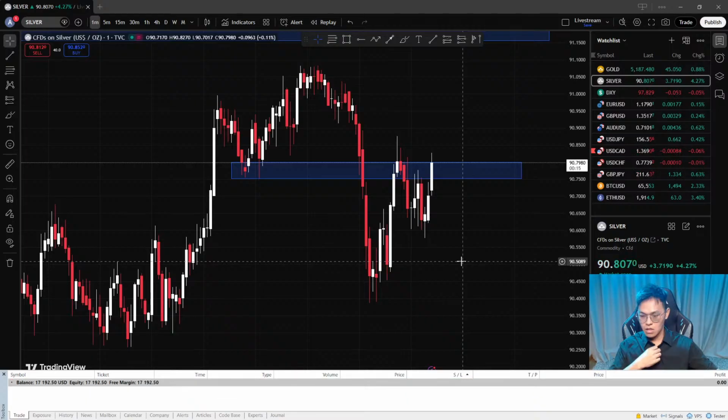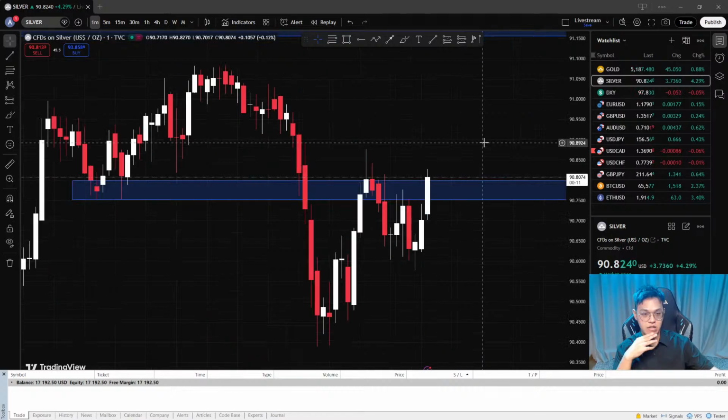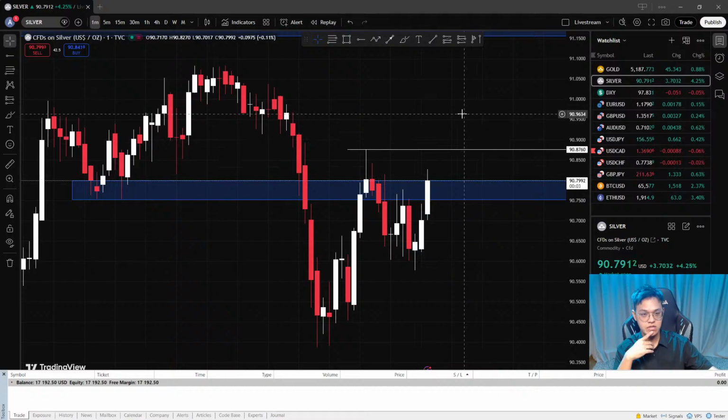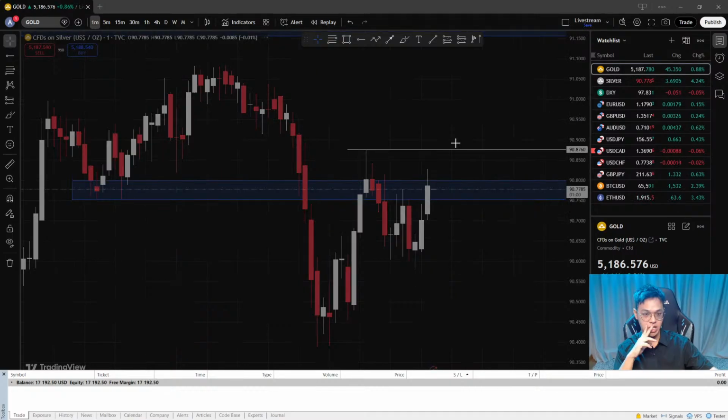All right, so the price comes back, and I set the stop loss here. If the price hits this level, then my second trade will be a loss.